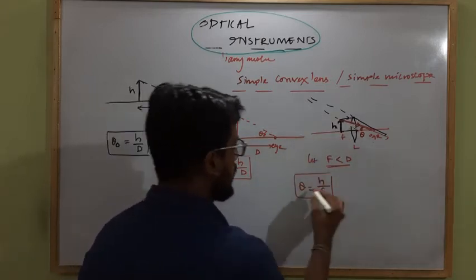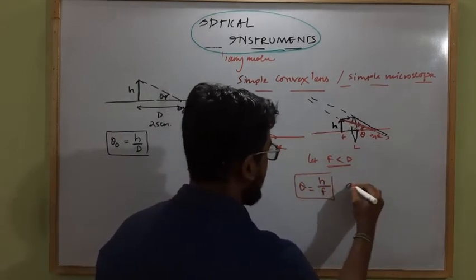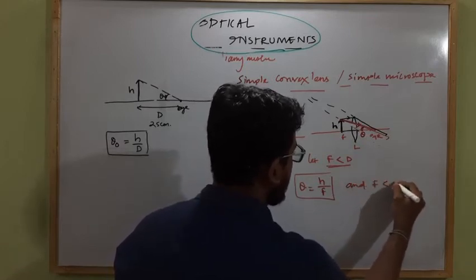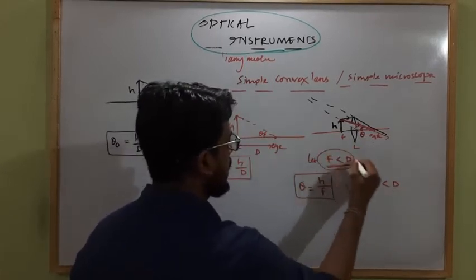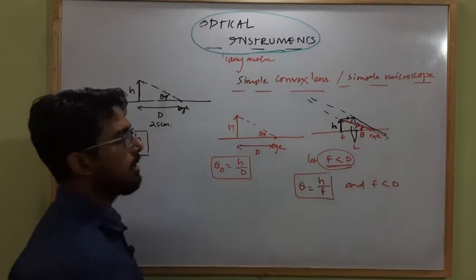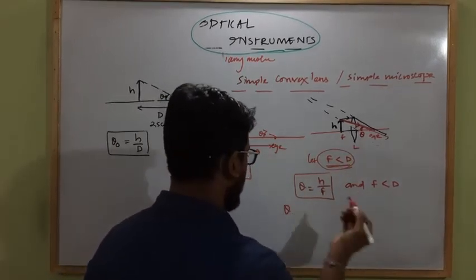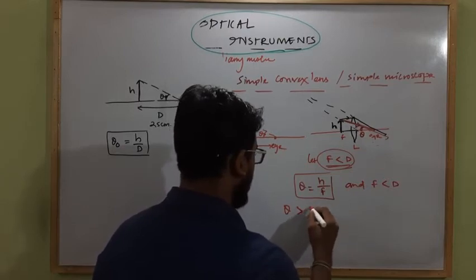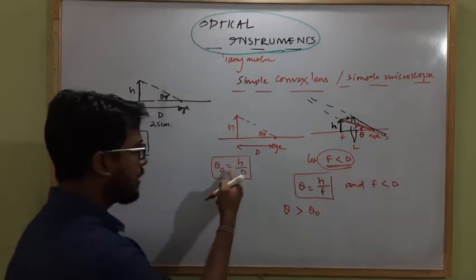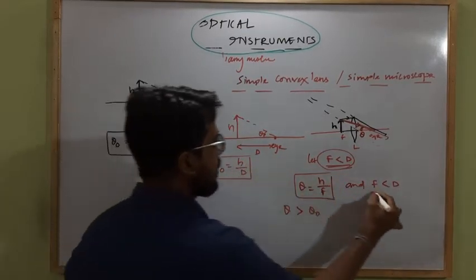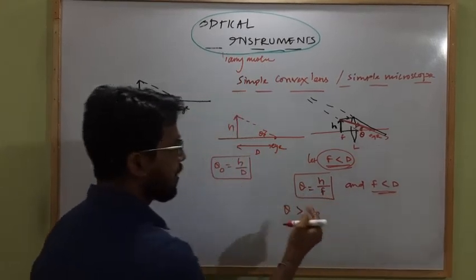As here theta is h by f and the focal length is less than d, we already took the focal length of the convex lens to be less than the least distance of distinct vision. So theta will be greater than theta naught, because theta naught is h by d, and as f is less than d, theta will be greater than theta naught.